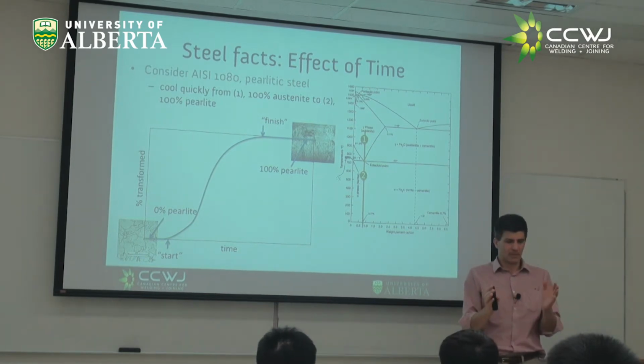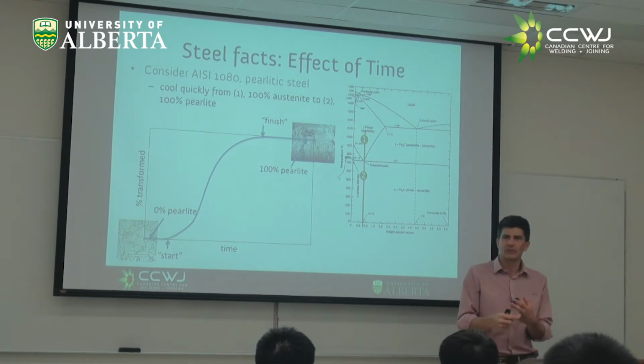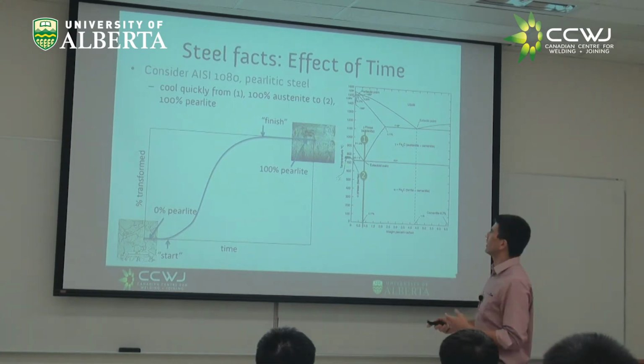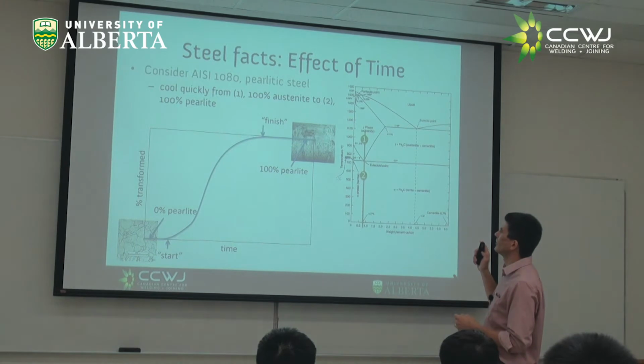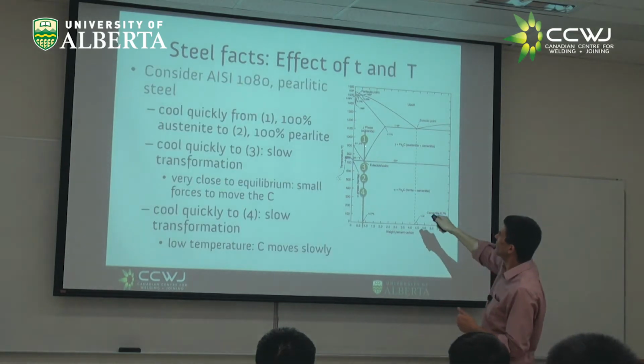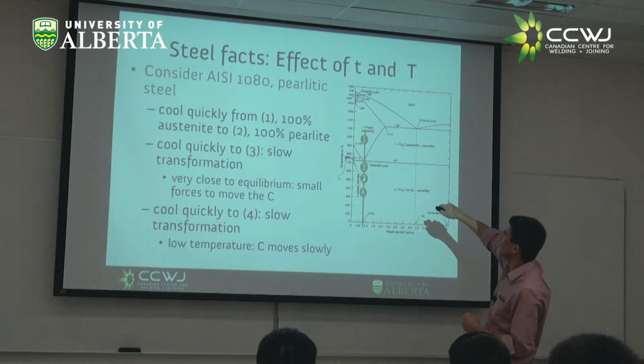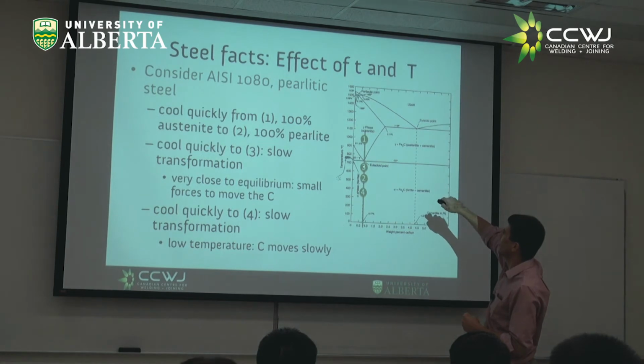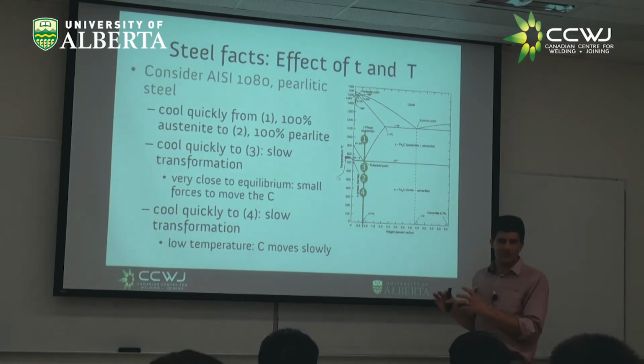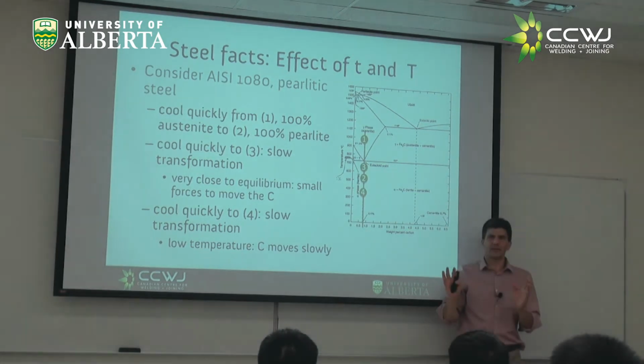And we know this time is related to the temperature, to the driving force, right? Okay. And so now let's do the same experiment not only for 2, but for 3 and 4. So we are defining a start and a stop, right?